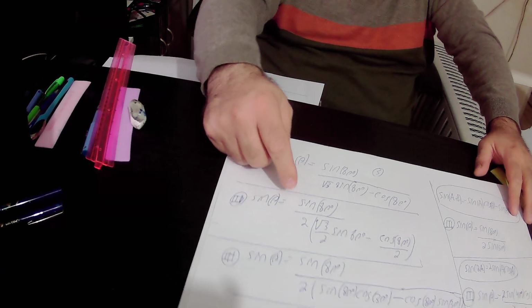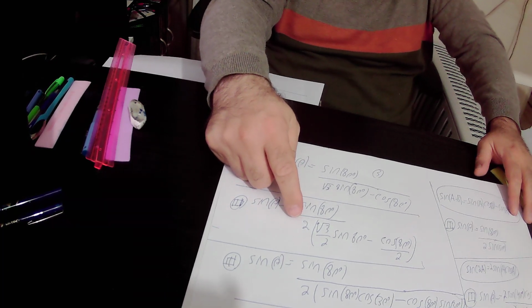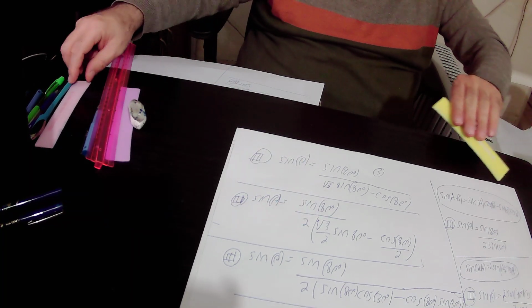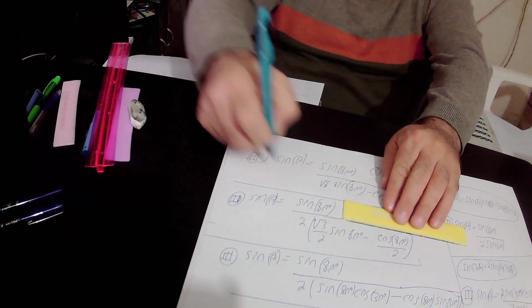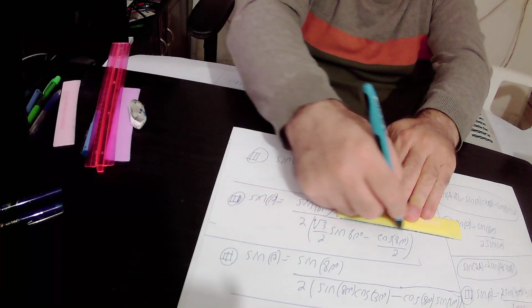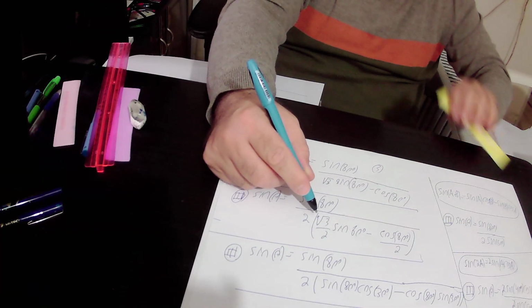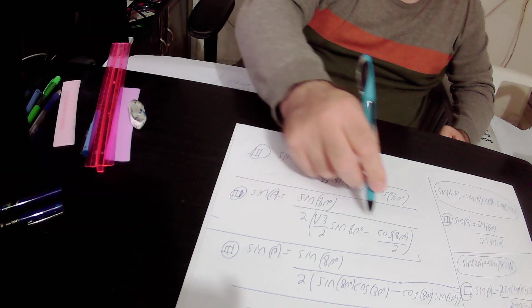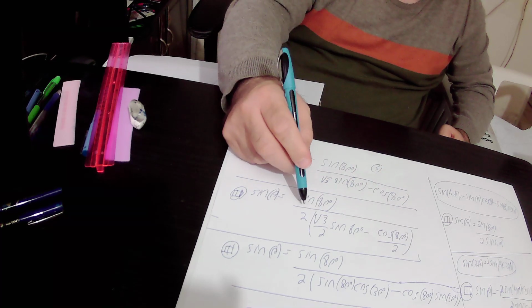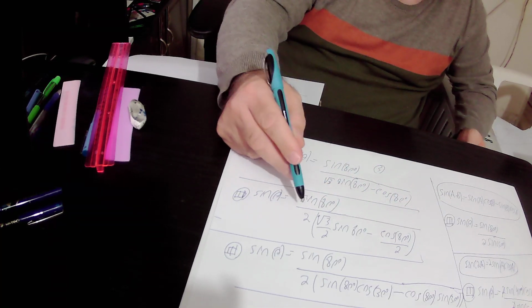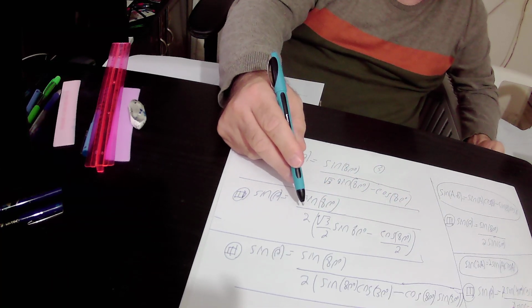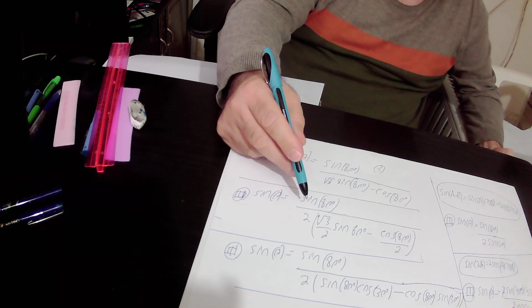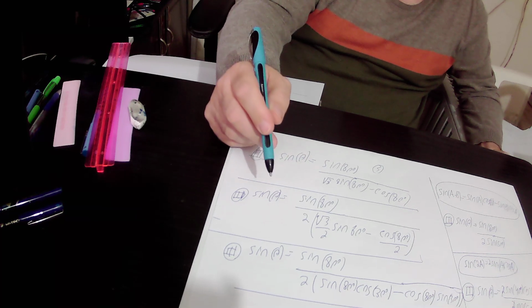Here we multiplied the denominator by 2 and then divided by 2. So we got here 2 times square root of 3 over 2 sine 80 degrees minus cosine 80 degrees over 2. 2 over 2 is 1, so it is allowable to divide anything by 2 and then multiply it by 2, because we changed nothing.